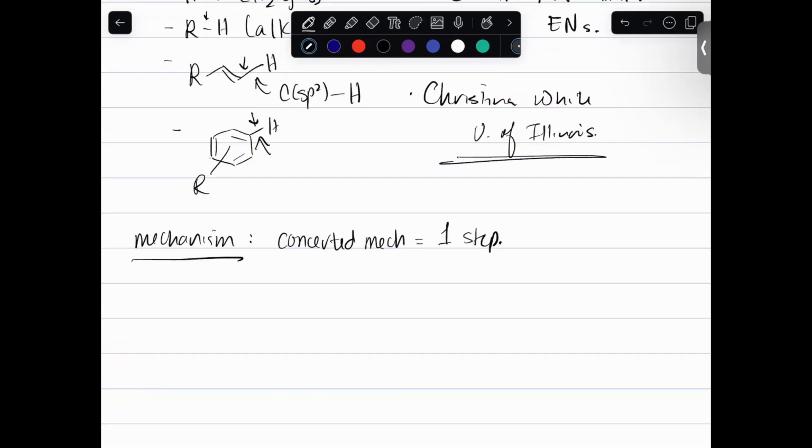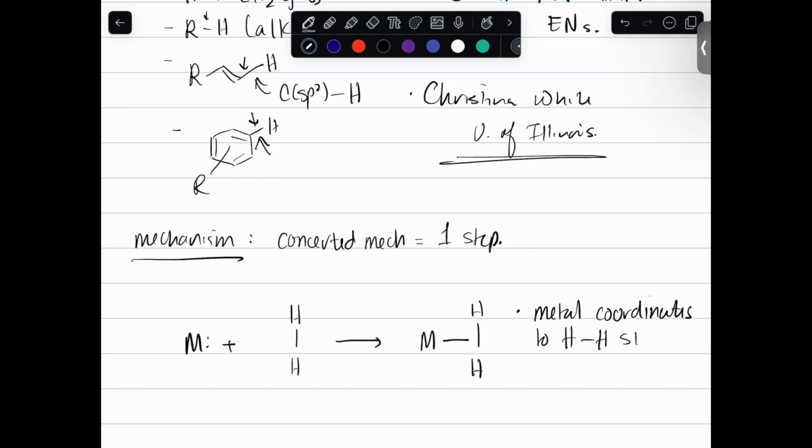And it's a little overwhelming in the sense that when you have your metal and you treat it with your nonpolar compound, whatever that nonpolar compound is, the metal coordinates to the hydrogen single bond.